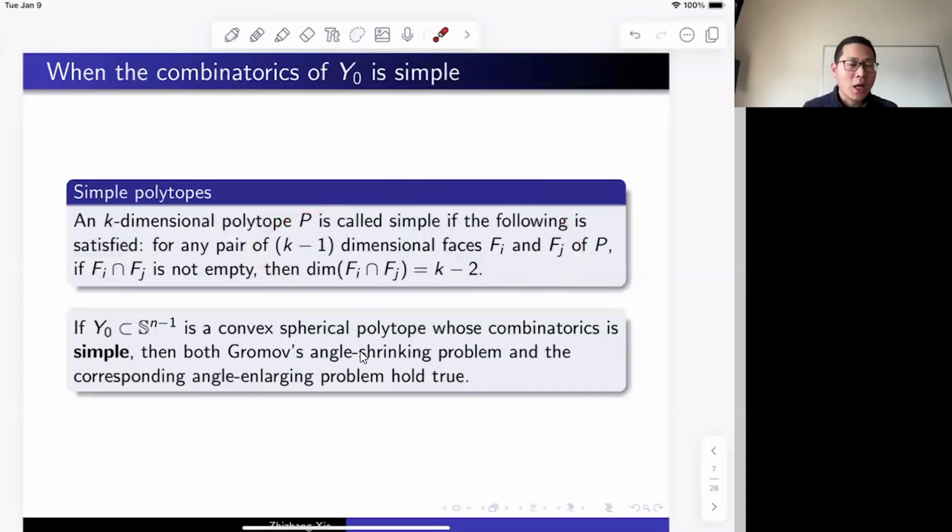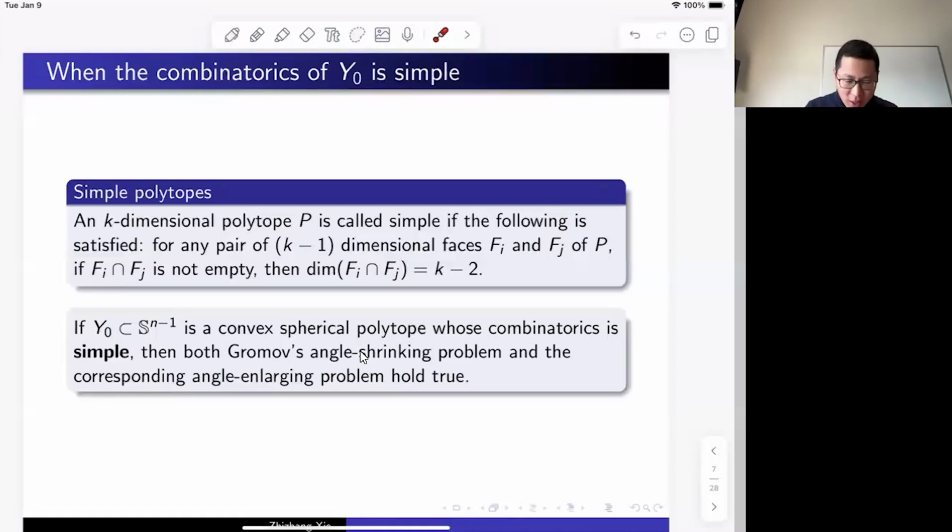In this case, this actually implies combinatorially that it has to be a simplex, or I guess more generally, a simplex cross a cube. Yeah, it has to be of that form.